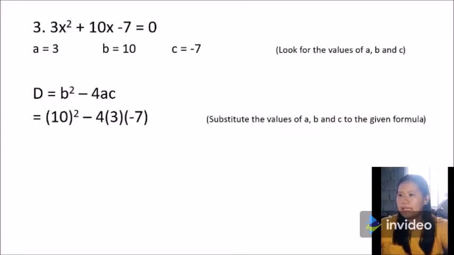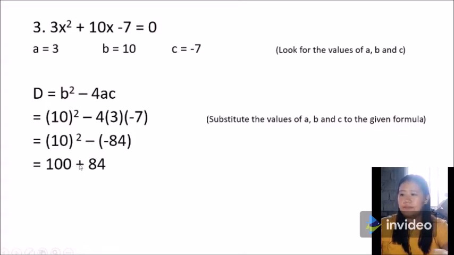So we have now 10 raised to 2 minus 4 times 3 times negative 7. 4 times 3 is 12 times negative 7, that is negative 84. So we have 10 raised to 2 minus negative 84. 10 raised to 2 is 100. Minus negative, that will become plus 84. So we have the discriminant positive 184.